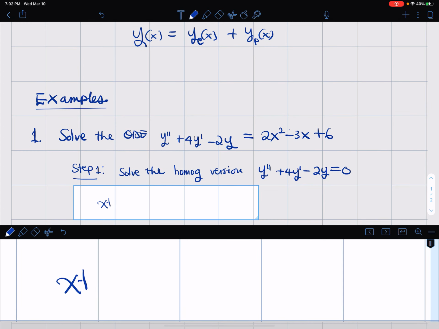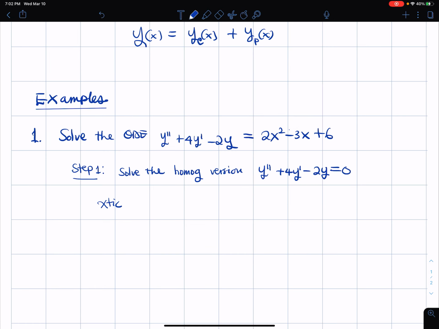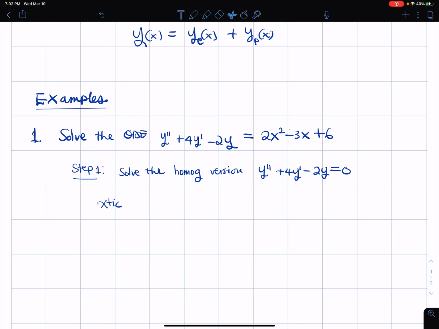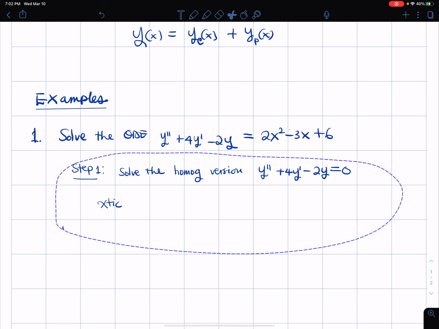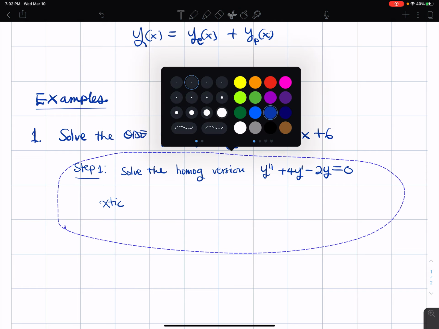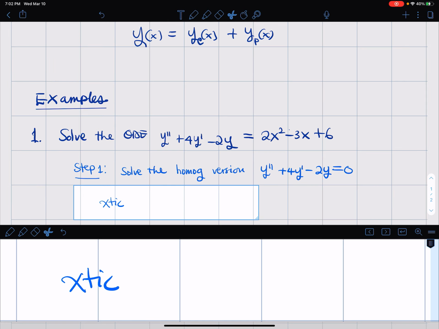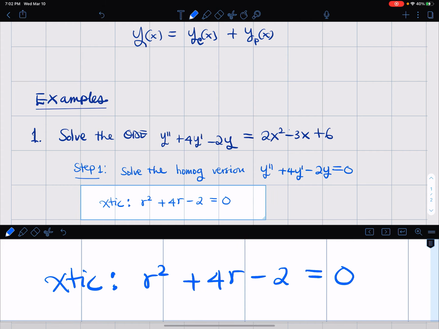So our characteristic equation is r squared plus 4r minus 2 equal to 0.